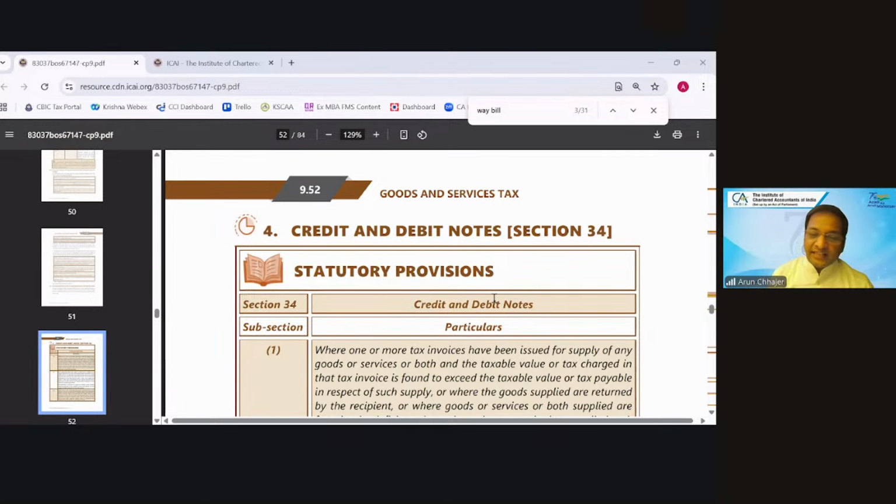What is the last date to issue the invoice? Sorry, debit note.